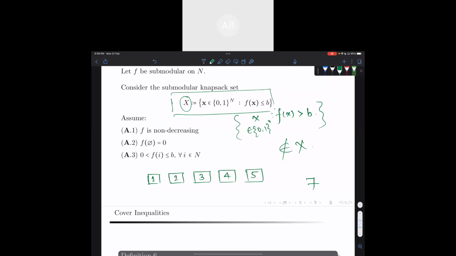And I want to include these things in the bag. So a feasible solution is I can put 1, 2, and 3, right? Because the total size then becomes 6, and I can put them in my bag. Can I put 3 and 4? Yes, I can put that as well. But can I put 4 and 5? No, I cannot. Right?